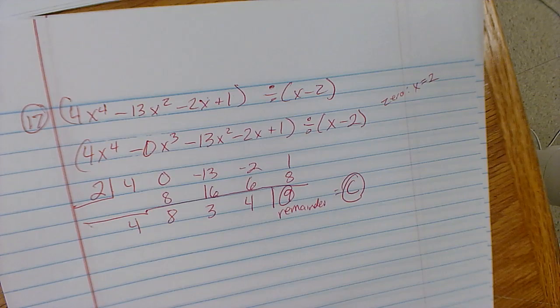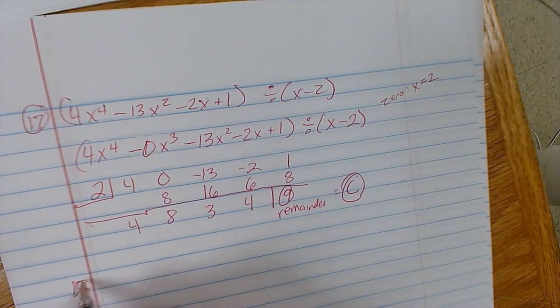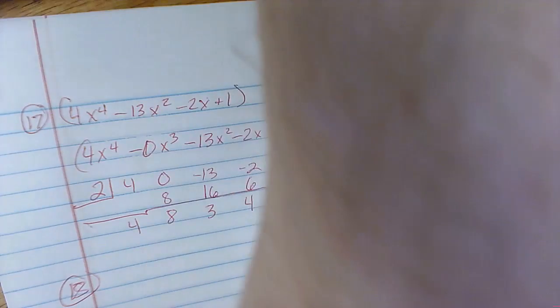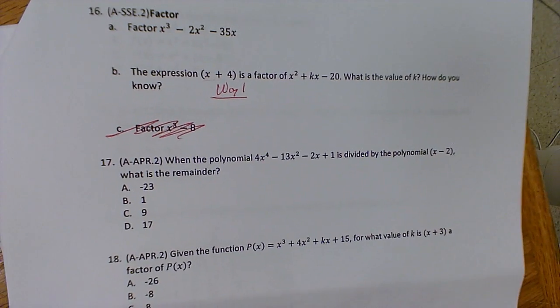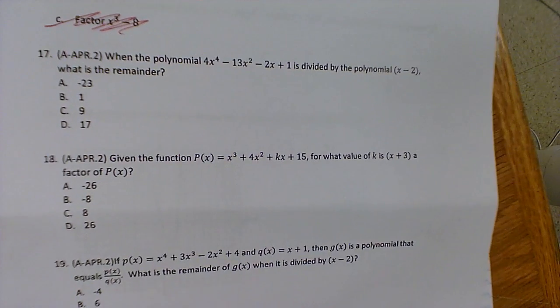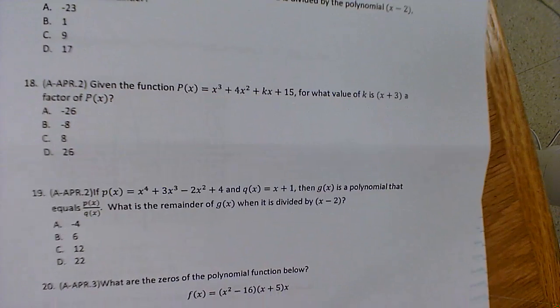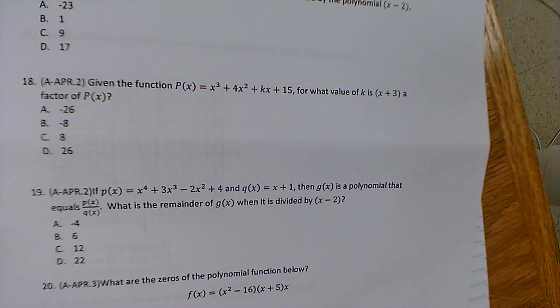However, there are some questions where there might be an easier way out, and these are the ones with the weird little kx type problem. So, given the function p of x equals x cubed plus 4x squared plus kx plus 15, for what value of k is x plus 3 a factor?